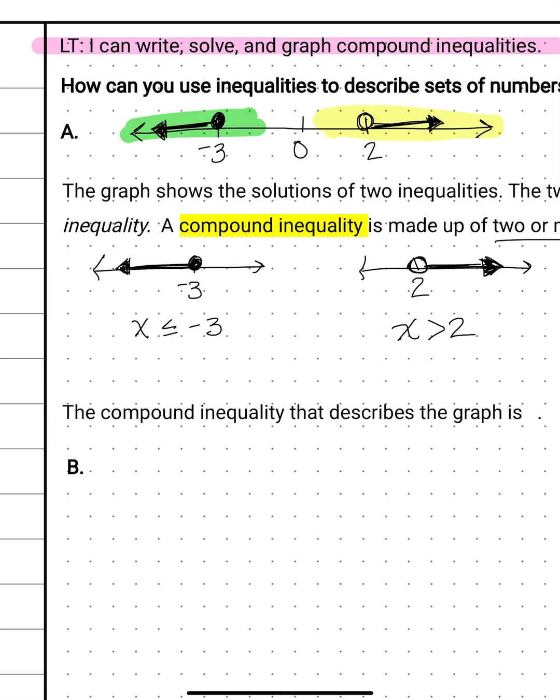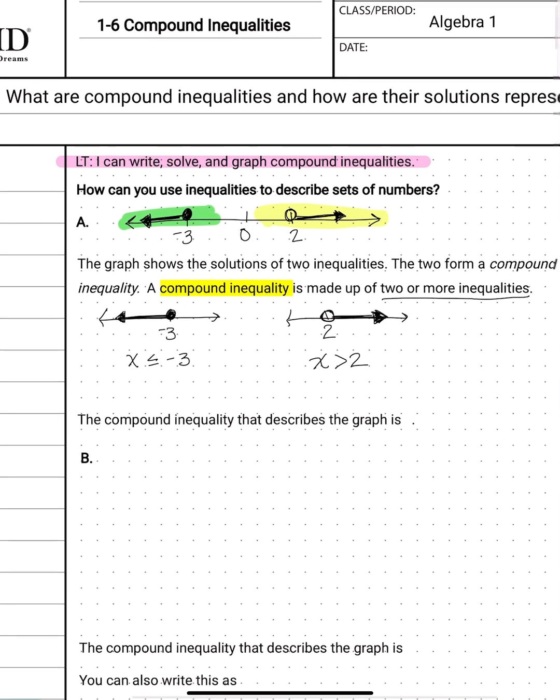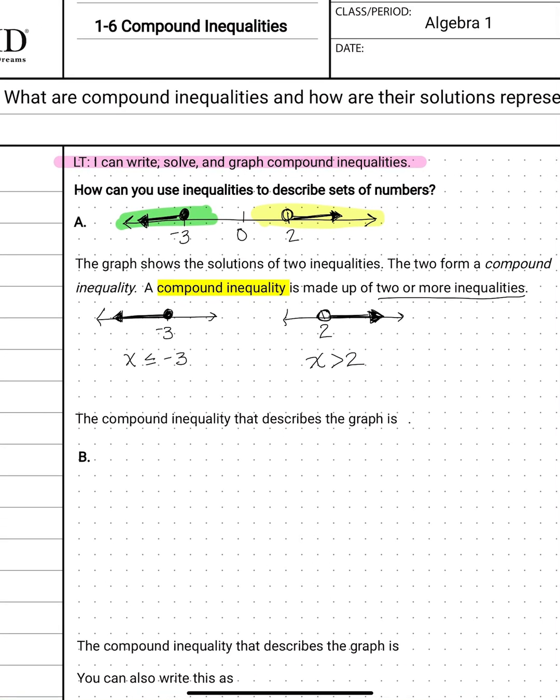And it's not equal to because it does not include the 2, it's just up to the 2. So the compound inequality that describes the original graph up above would be represented as the x values that are less than or equal to -3, or the x values that are greater than 2, because it does not include the values in between the -3 up to the 2.